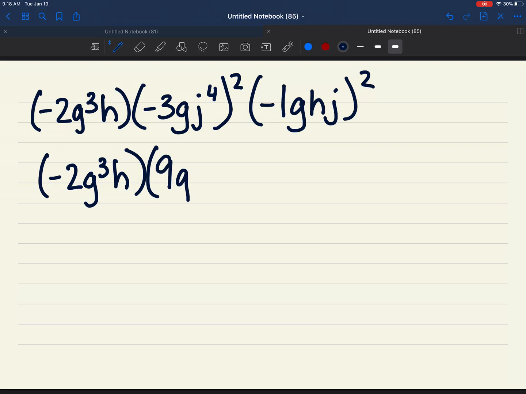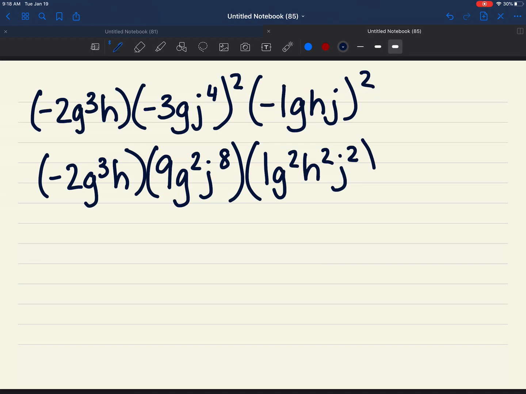Okay, what about your exponents? G squared, j to the 8. Yeah. Okay, same thing. We're squaring negative 1. What would that give you? Positive 1. And then multiplying your exponents. B squared, 3 squared, 8 squared. Okay, now we're looking at multiplication. So regular numbers we multiply.